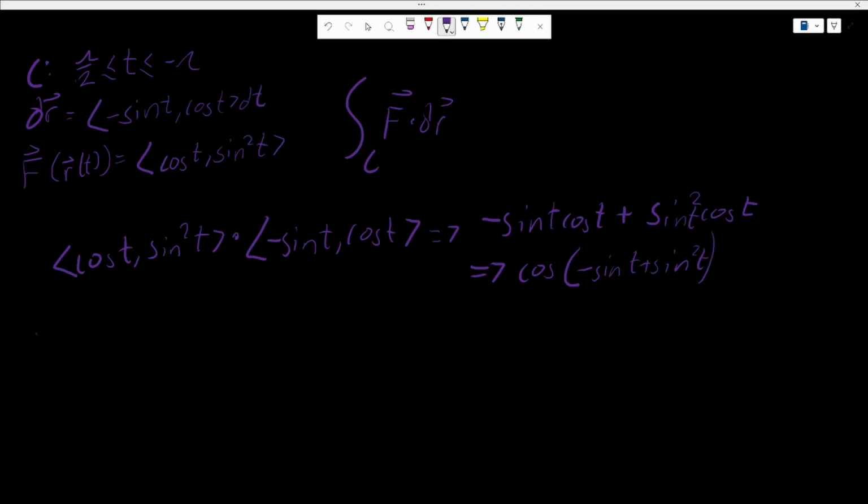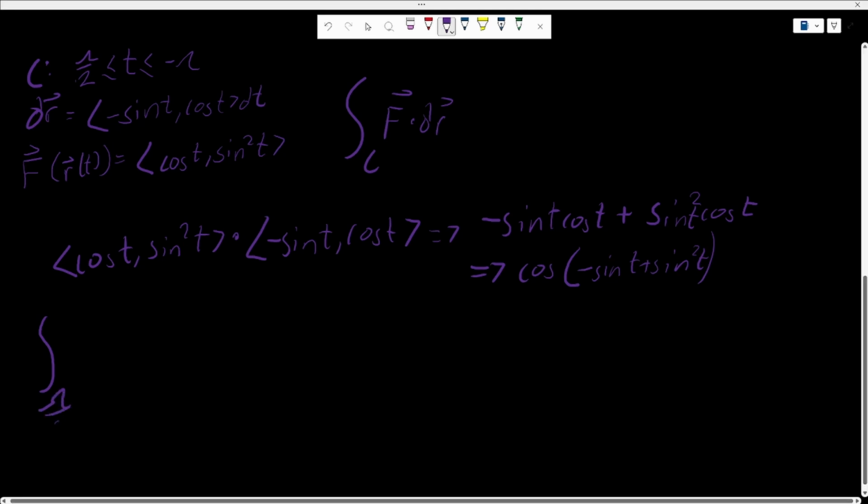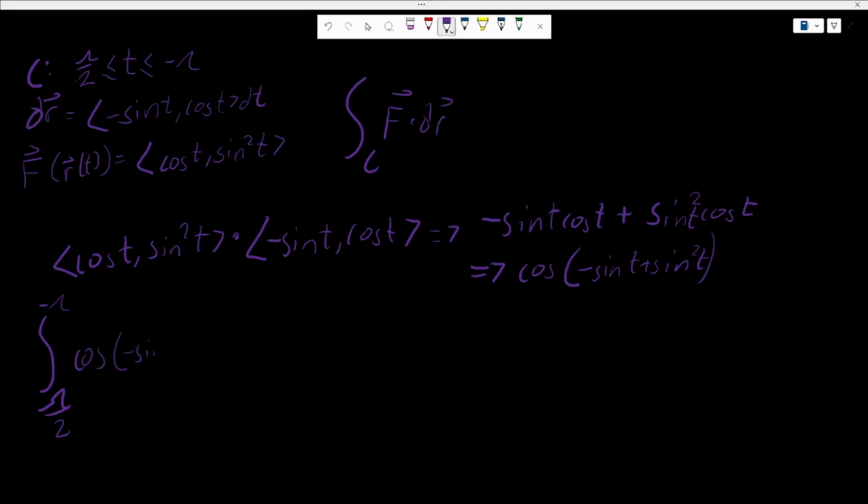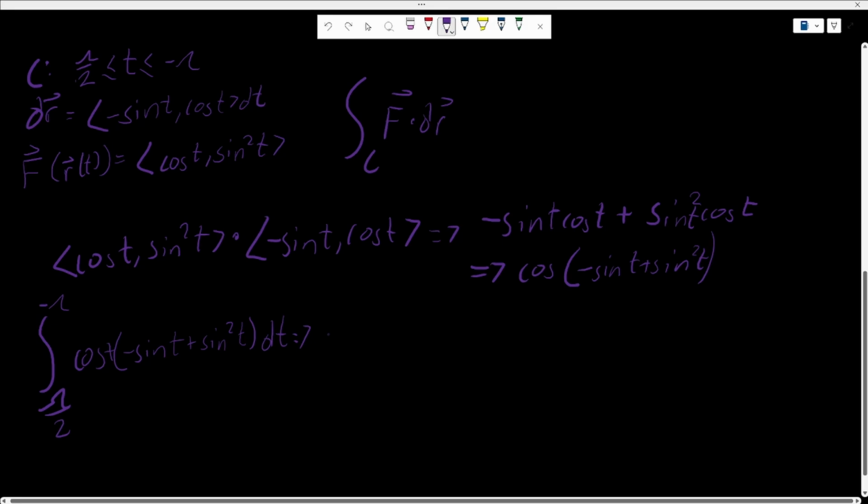Now that we have our integrand, let's plug in our bounds. So we have the integral from pi over 2 to -pi of cosine t times negative sine t plus sine squared t, and don't forget our dt. To evaluate this integral, let's perform a u substitution.